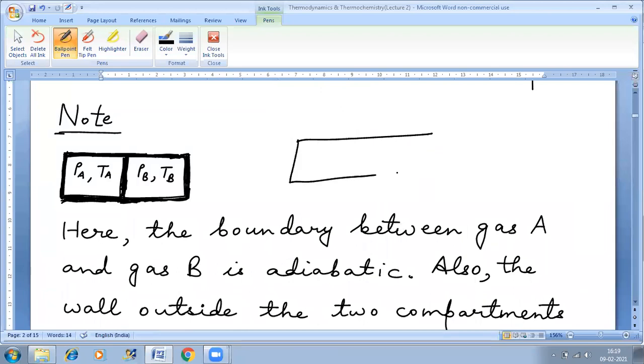First compartment has pressure PA and temperature TA. And the second compartment has pressure as PB and temperature as TB.